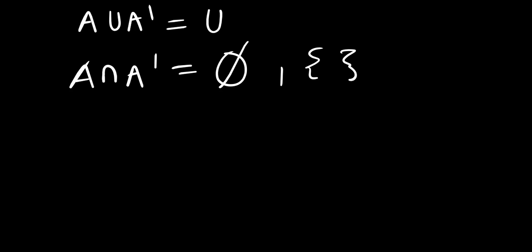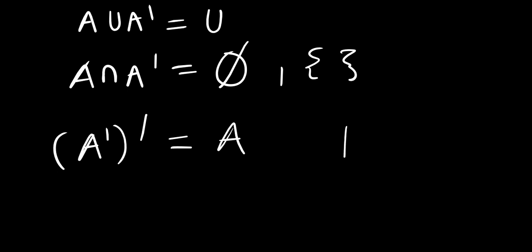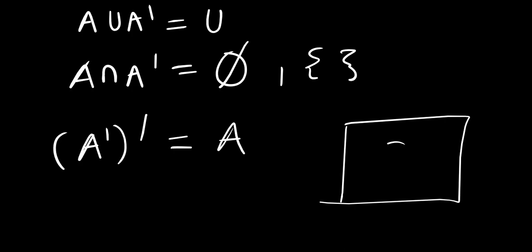Then what if you've got A complement, and then you have a complement outside. So a complement of a complement, they are going to cancel. You're just going to remain with A. How is it? Let's say this is our Venn diagram. This is A. A complement will be everything that is outside.